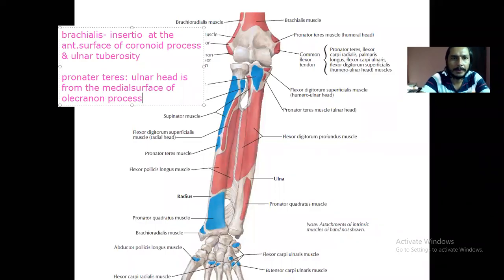Are you getting? So that is origin. In bracket I will write O, that means origin. Okay. Even so, there is the origin of flexor digitorum superficialis. It has an origin from the same. Flexor digitorum superficialis, that is the next muscle.